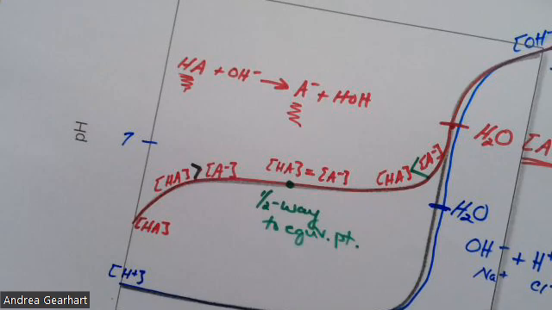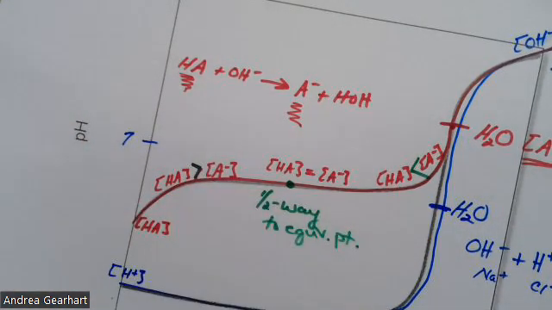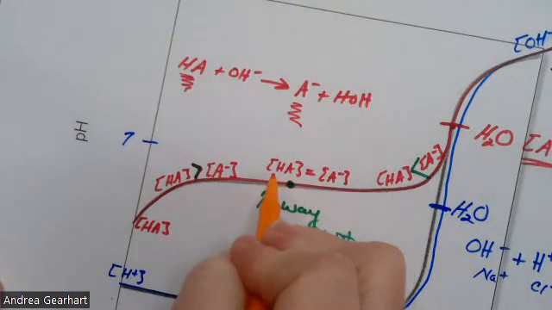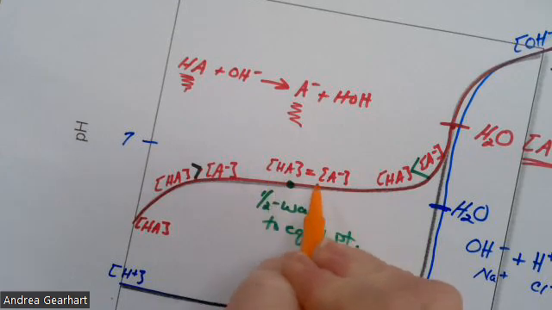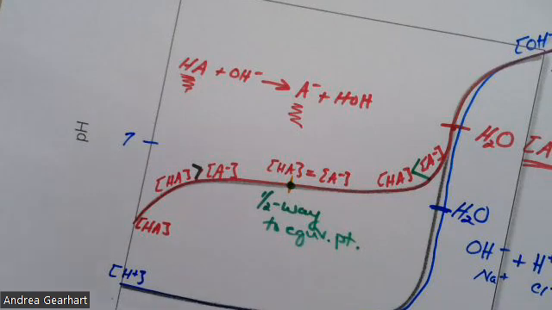Okay, so here, remember the dream buffer. The dream buffer has the same concentration of weak acid and conjugate base. So this is where we have the ideal protection of pH.